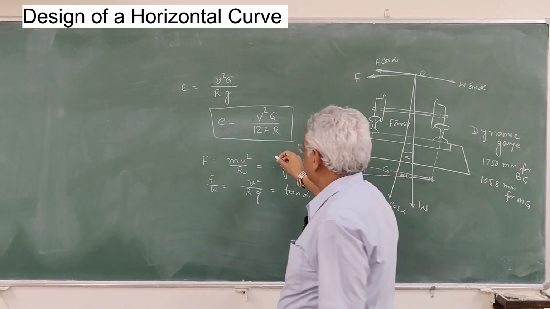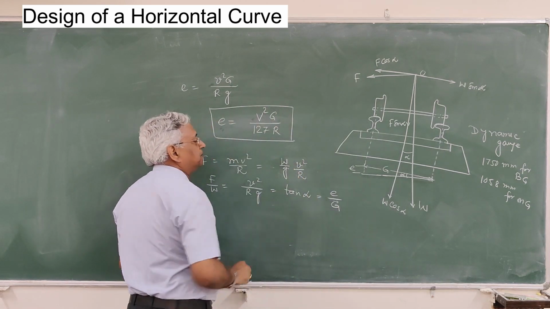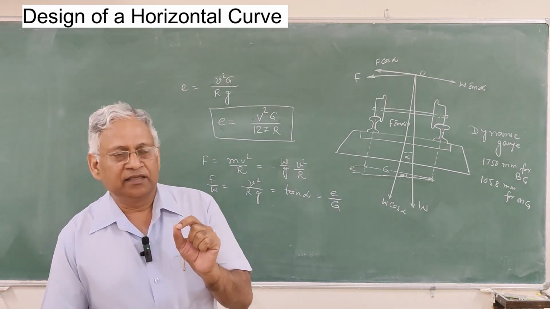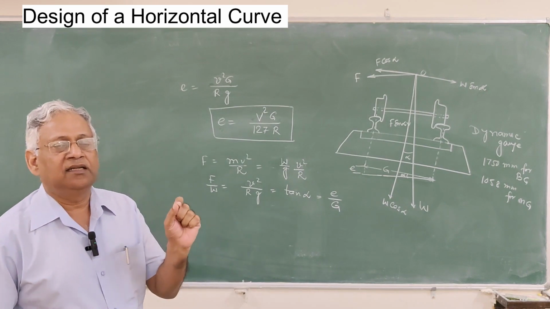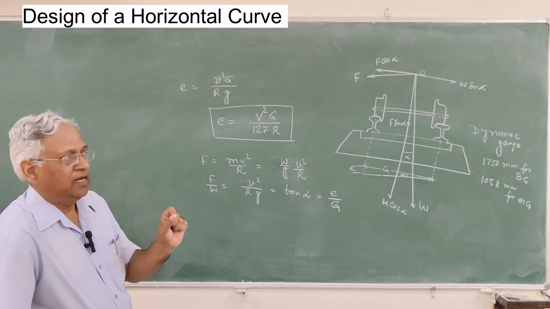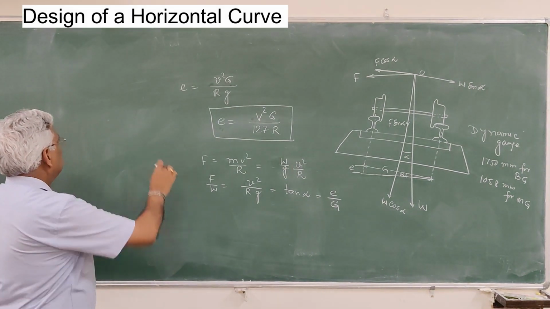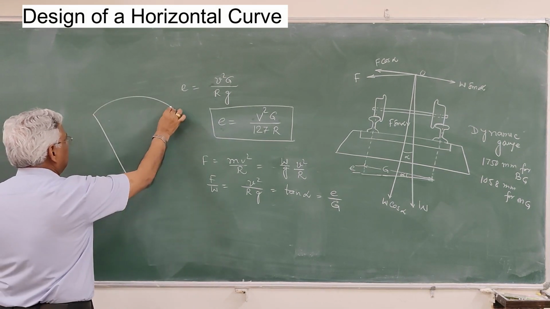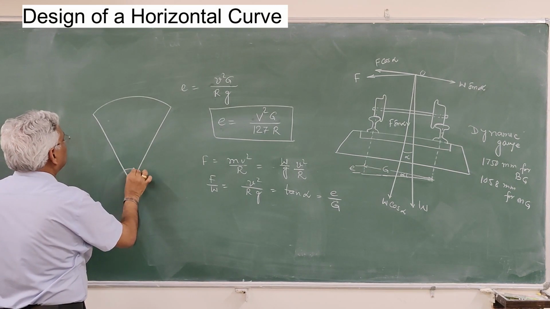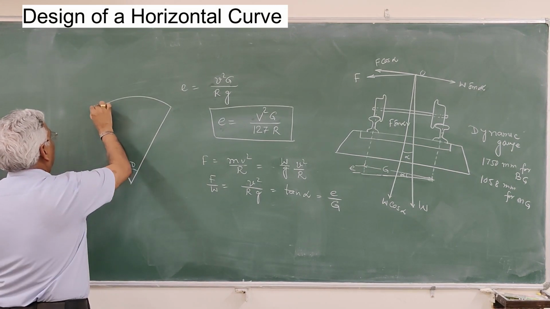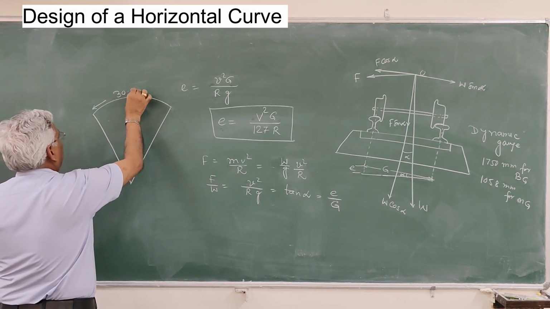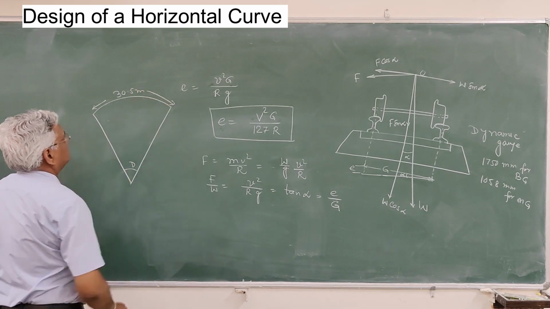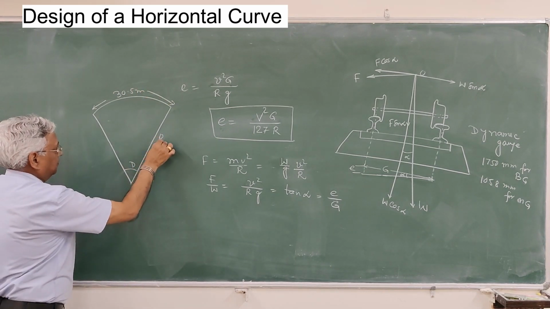Now here the radius of the curve. In railways, a curve is generally designated by its degree. And degree and radius, they are interrelated. Degree of the curve is the angle subtended by an arc of 30.5 meter, 100 feet, and that is the radius of the curve.